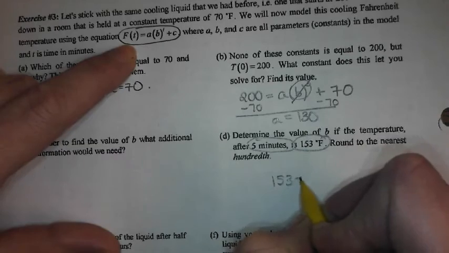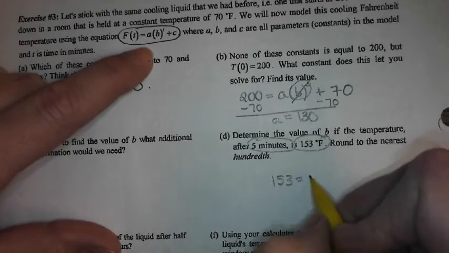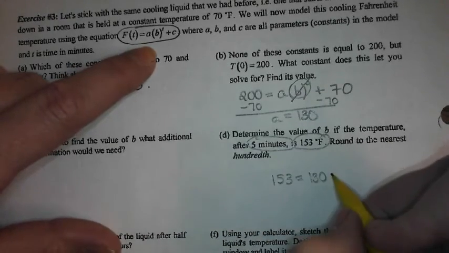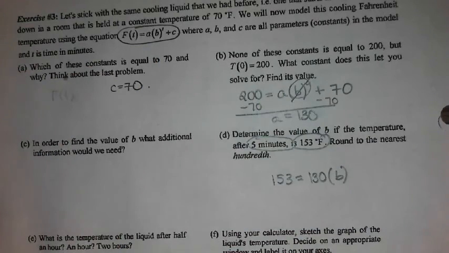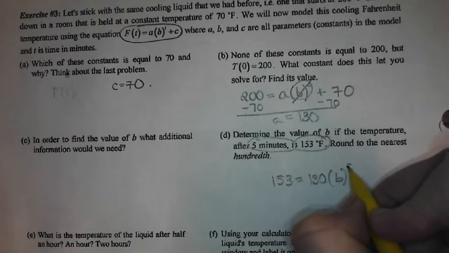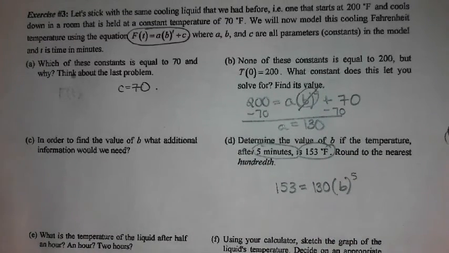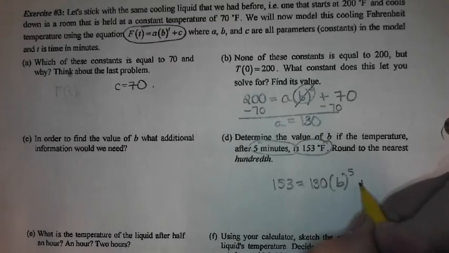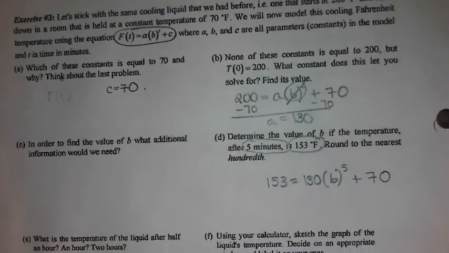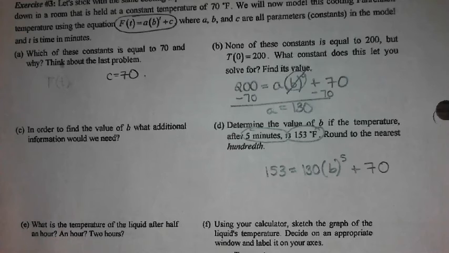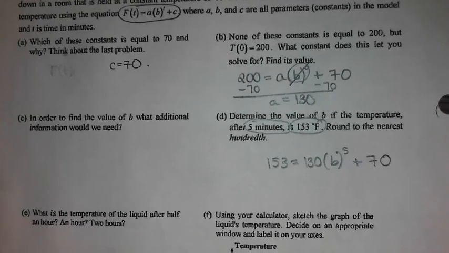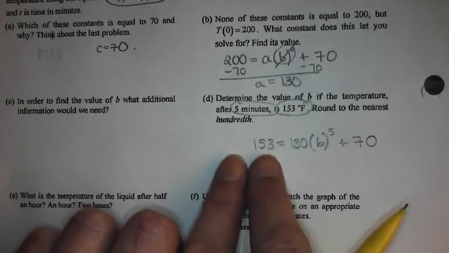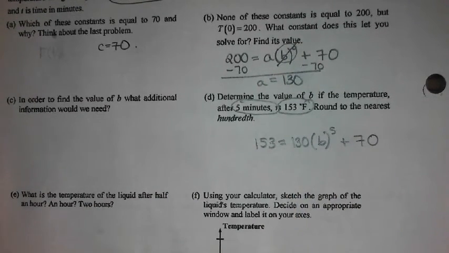So 153 equals, our A value we know is 130, times some B value, to the T power, T is 5 minutes here, 5 minutes, 153 degrees, plus 70, and I would solve for B this way. Okay? Subtract your 70 over. Do it. Divide by 130.